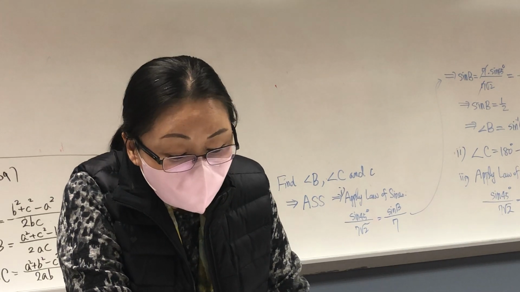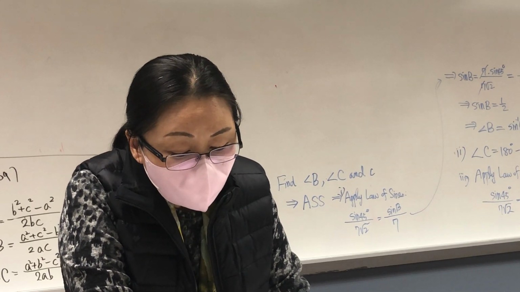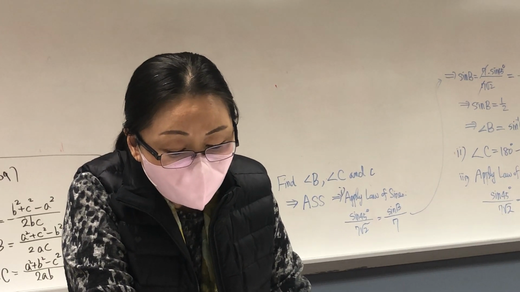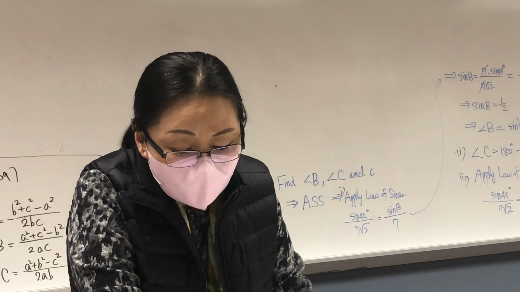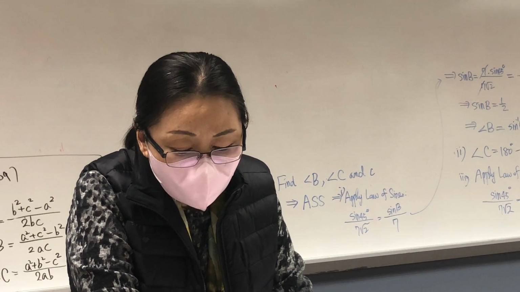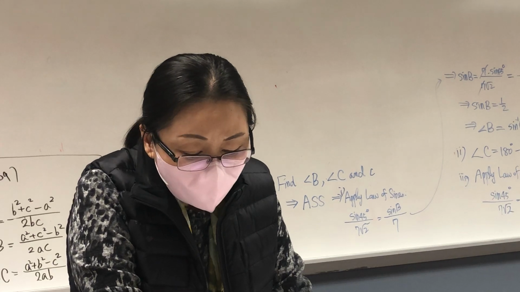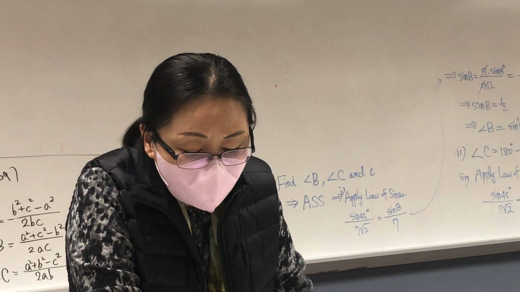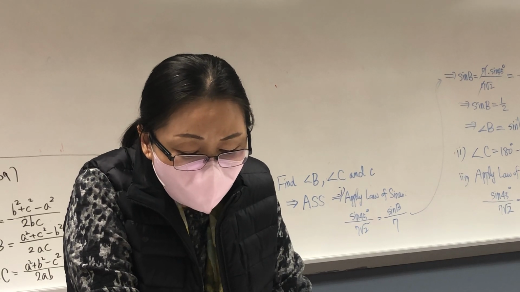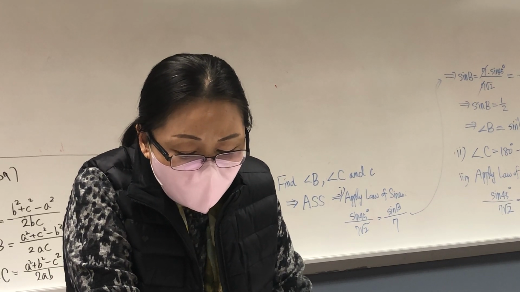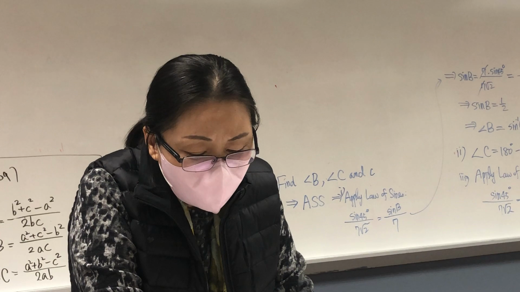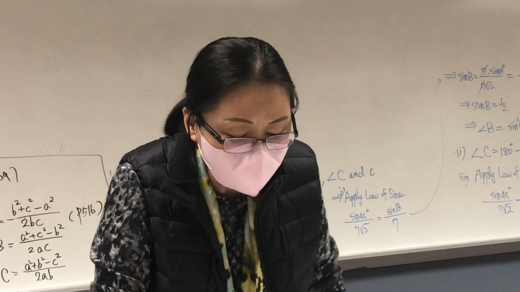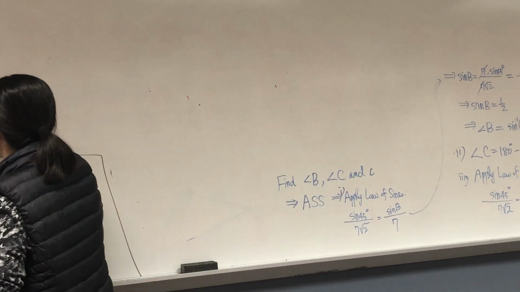A bird is perched on top of a pole on a steep hill, and an observer is located at point A on the side of the hill, 110 meters downhill from the base of the pole, as shown in the figure. So, what is here?